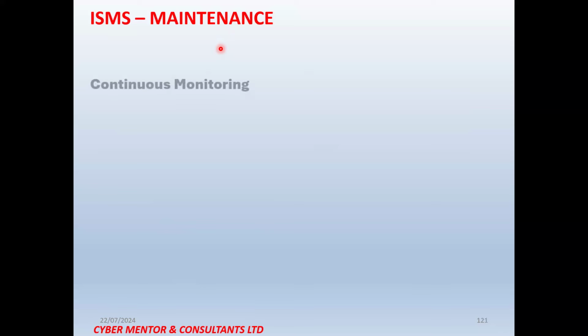Basically, having established it, like what we ended with, you continuously monitor the ISMS, your systems, your processes, your procedures. Are they being carried out? Are they meeting your needs? Are they effective? Are they protecting you?